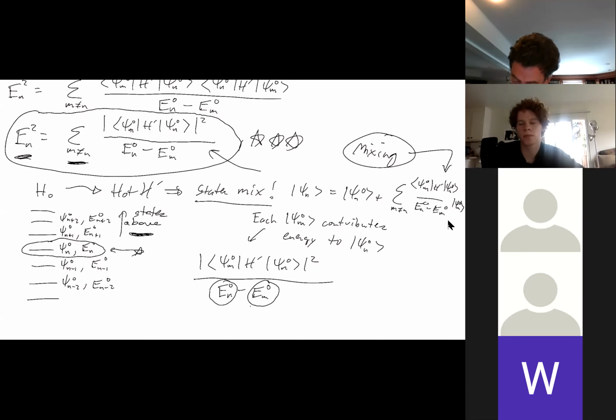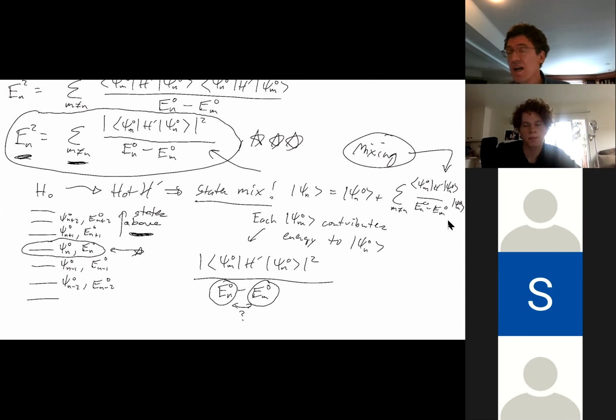What is the relationship between these two energies? Somebody tell me. And it's a simple relationship. What is it? Em is bigger than En. Yes, that's it. That's all there is. Exactly. For the states above, I know that Em naught is bigger than En naught.